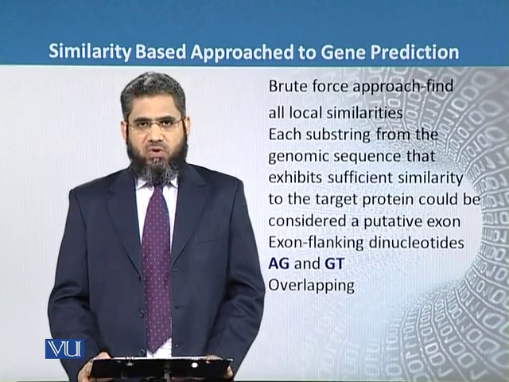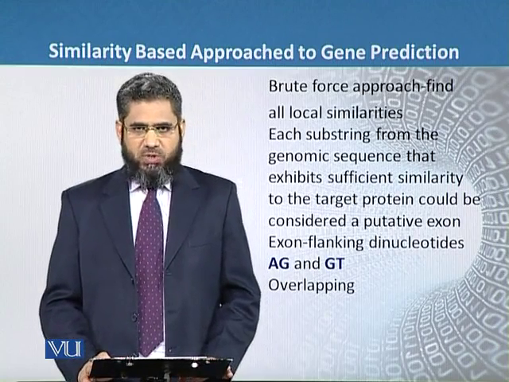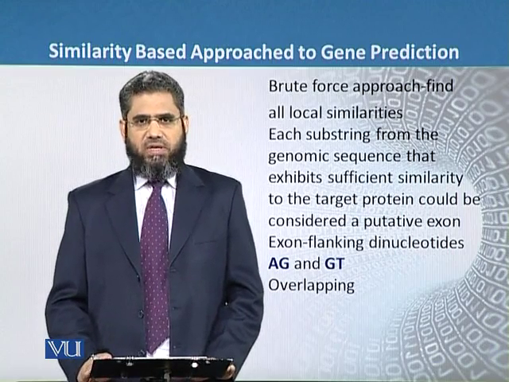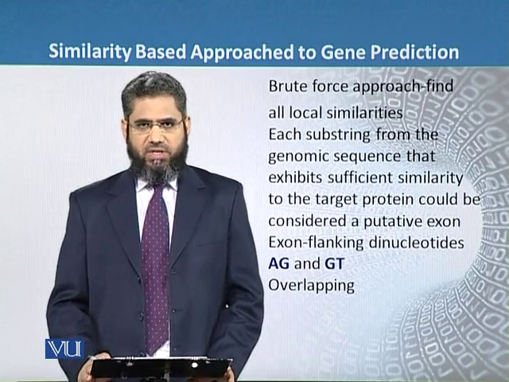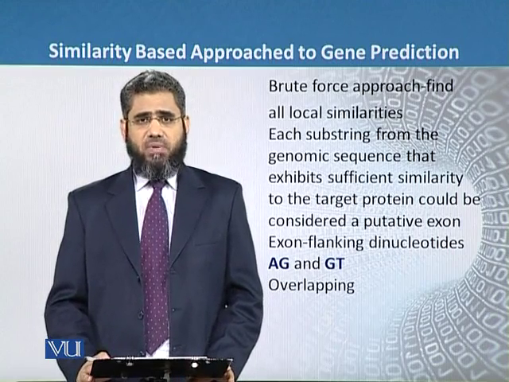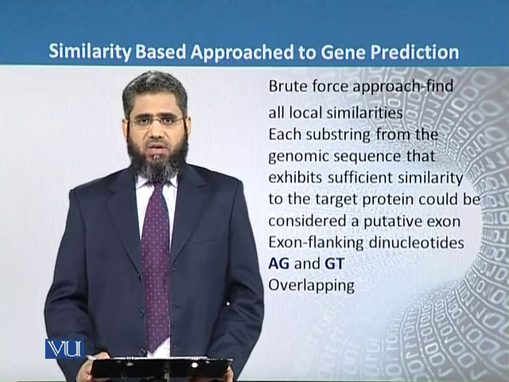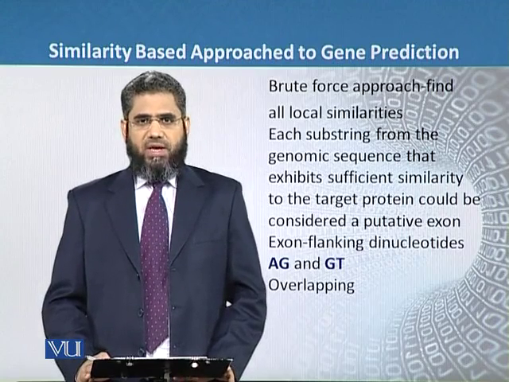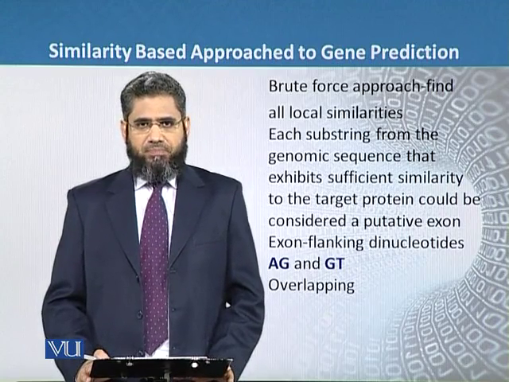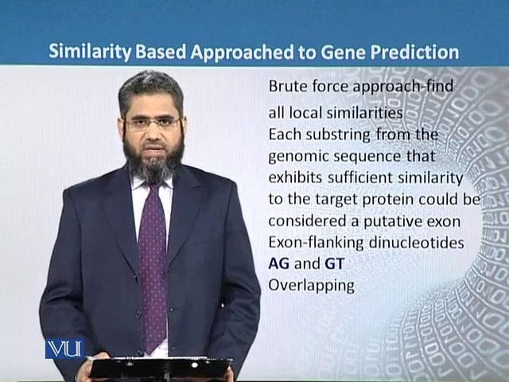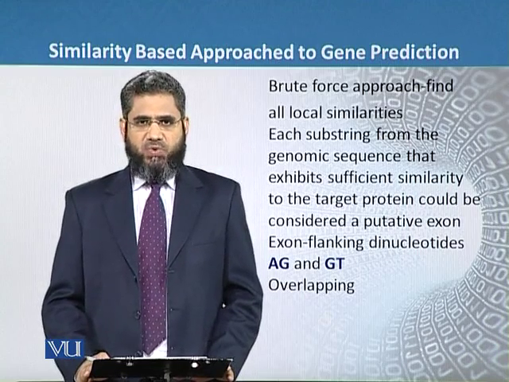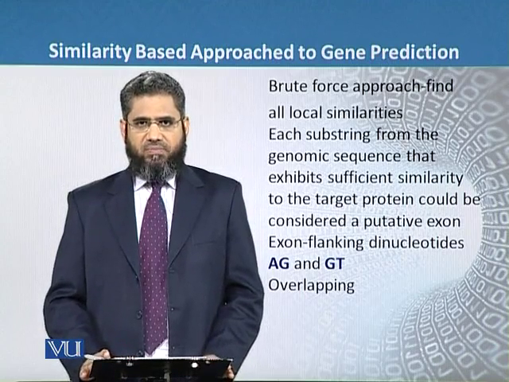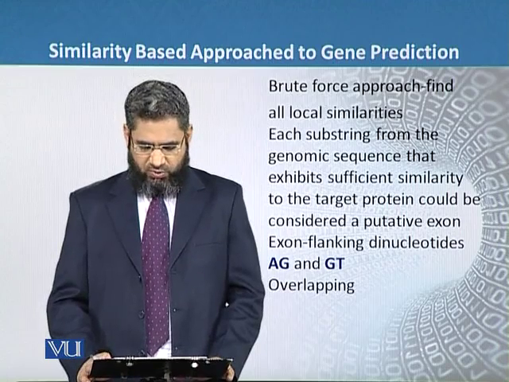We can make use of the brute force approach. In the brute force approach, the alignment of the spliced sequences will be considered, and all the similarities at the local alignment level will be considered, and will then be used to find the similarities between the substrings that were isolated and identified while using that brute force approach.